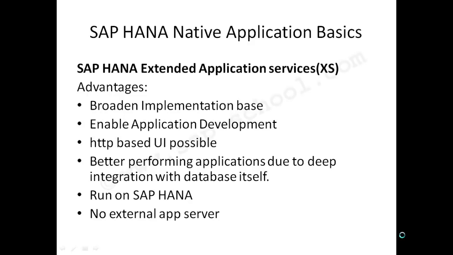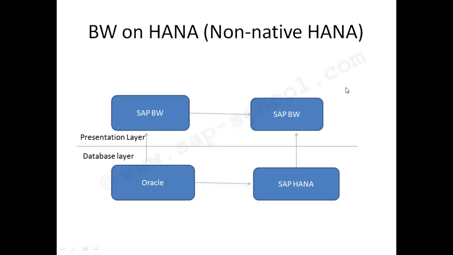Moving on, I have a small slide on BW on HANA. What it means is it's a non-native application. Here we can see that Oracle is connected to BW in an original scenario, and what we do is we transform the Oracle database into SAP HANA using one of the different methods we discussed before, and then we upgrade BW to whatever the current version is, or whatever version works on HANA, and then we connect the SAP HANA to BW.